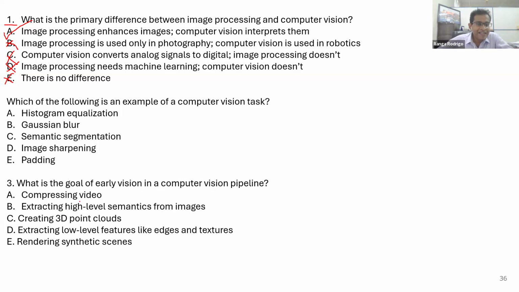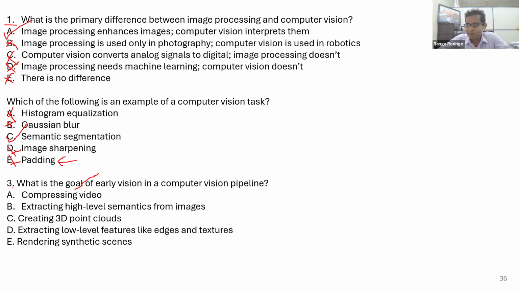Which of the following is an example of a computer vision task? Histogram equalization, that's an image processing task. Wrong. Gaussian blur, image processing, wrong. Semantic segmentation, yes, it is a computer vision task. Image sharpening, wrong. Padding, wrong. So these are producing just images. This is not even an image processing operation.